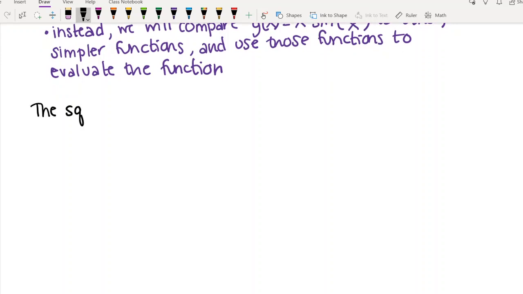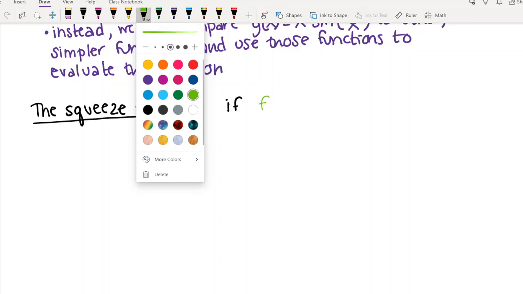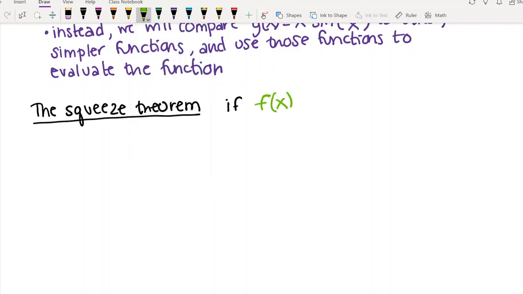The squeeze theorem says that if you have a function that is in between two other functions, so if you have a function f of x that's less than or equal to a function g of x, and that's less than or equal to a function h of x.